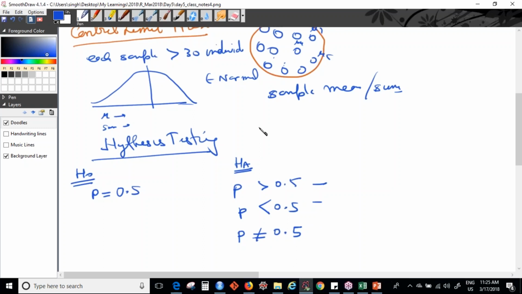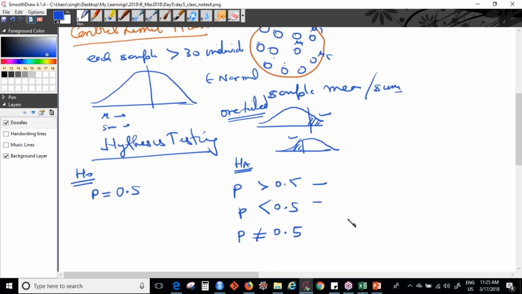Whatever we have done till now, we were calculating the area on one side of the normal distribution, either this side or this side. So these are known as one-tailed tests.